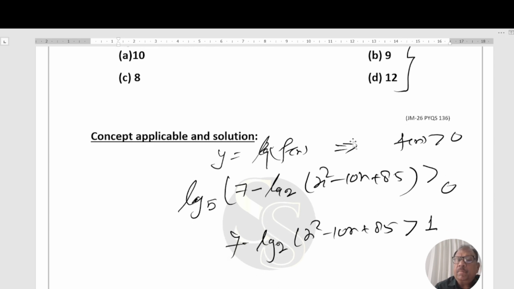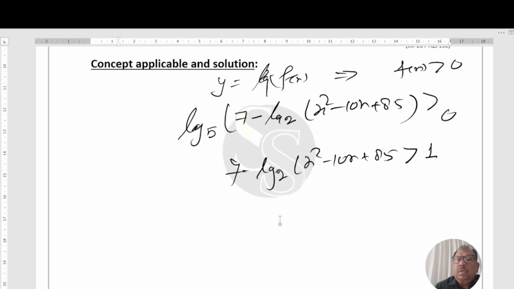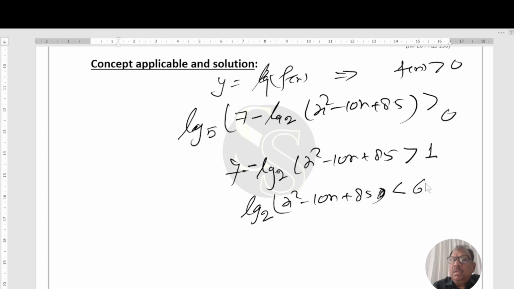Now rearranging, this is 7 minus log of 2, x square minus 10x plus 85. Shifting this here, this will become less than 6. That is antilog x square minus 10x plus 85 less than 2 to the power 6.